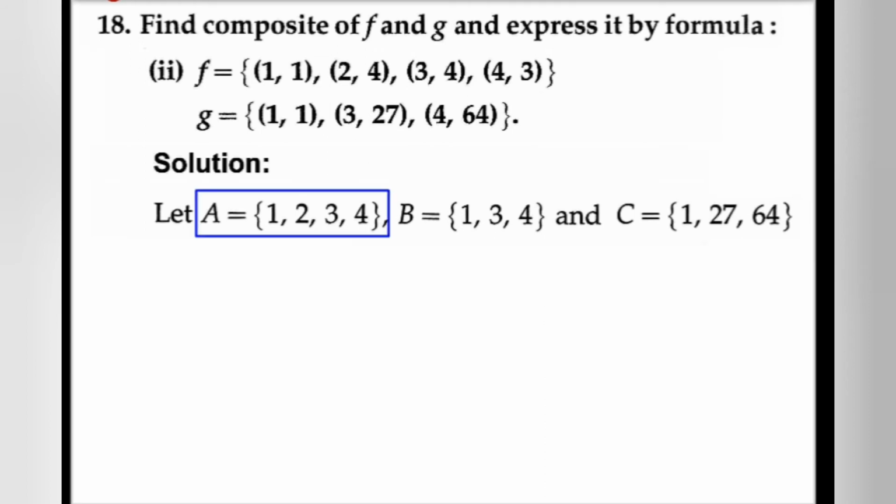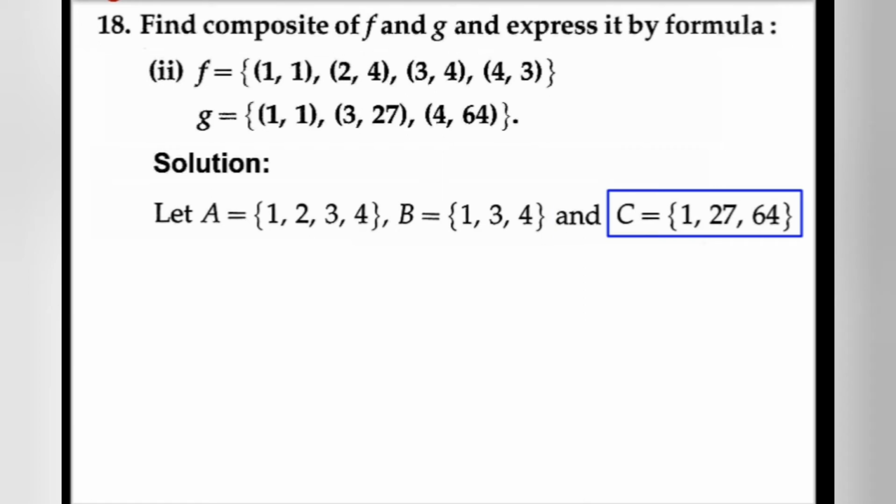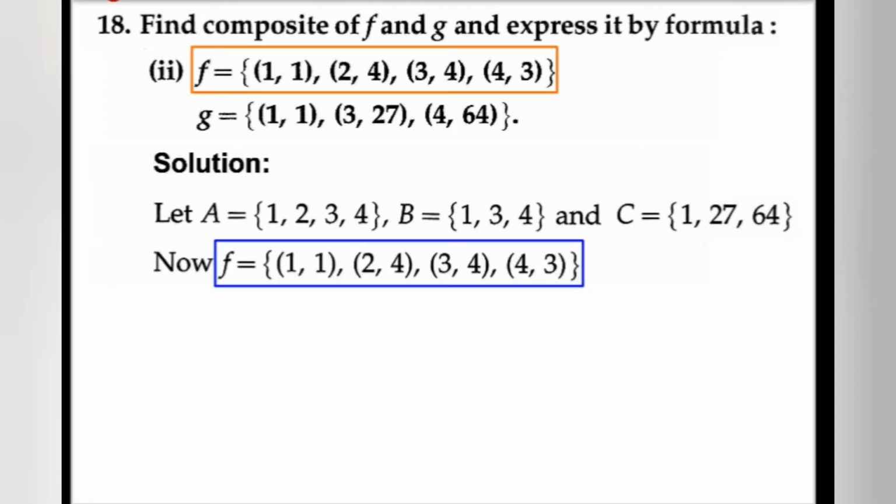Now let A be equal to the set {1, 2, 3, 4}, B is equal to the set {1, 3, 4}, and C is equal to the set {1, 27, 64}.